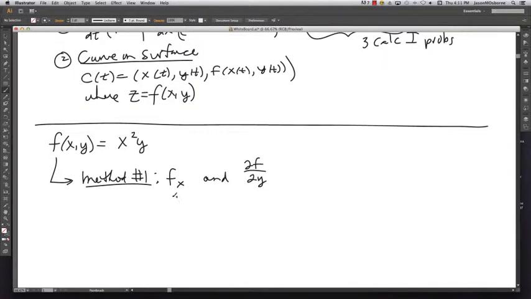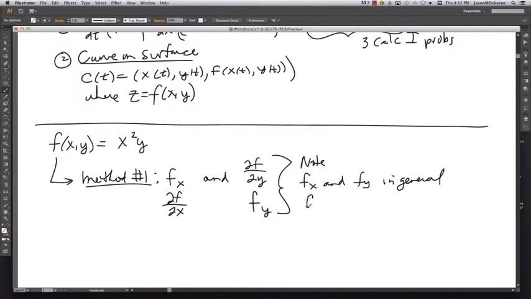Okay. So you could write partial f with respect to x as f sub x, or you could write partial f with respect to y as f sub y. Either notation will work. Thing to remember, note that the partial derivatives f sub x and f sub y are, in general, most likely functions of the variables x and y also.